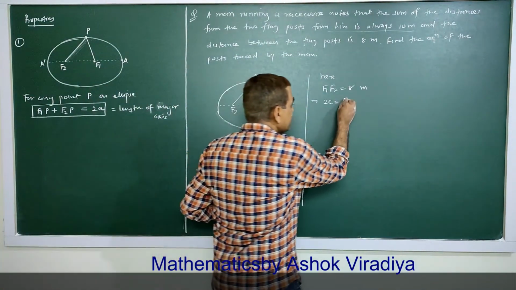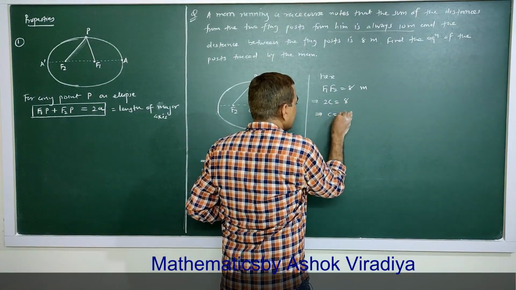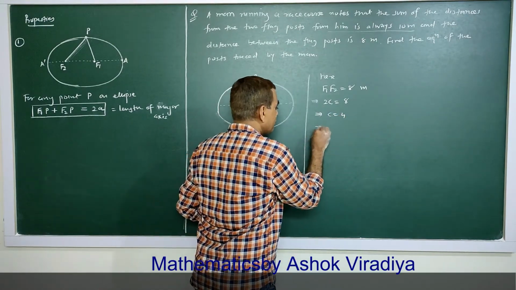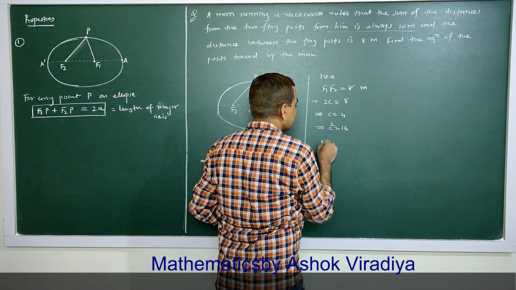So 2 times c is 8, so c is 4, and c square is 16.